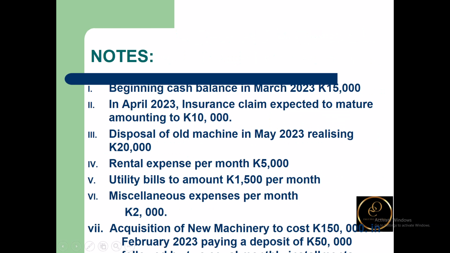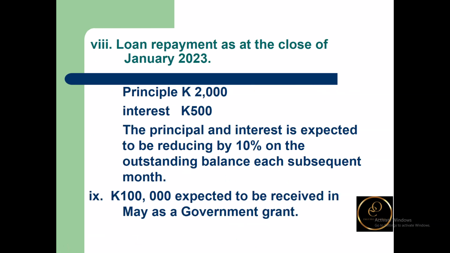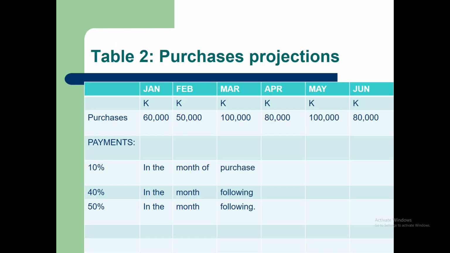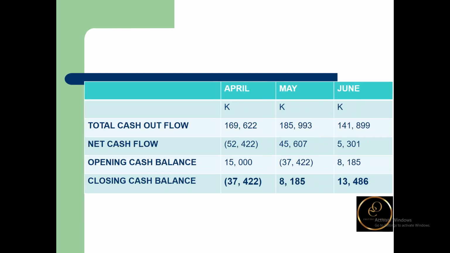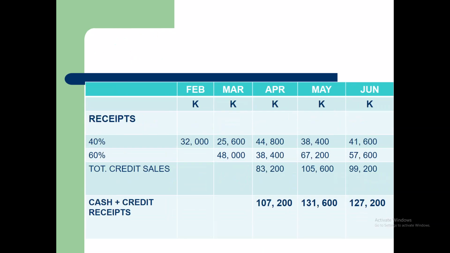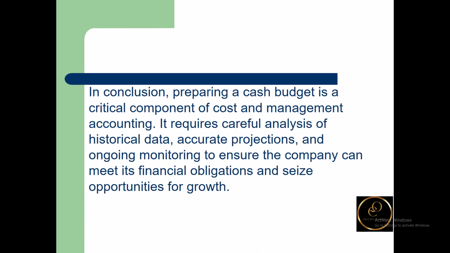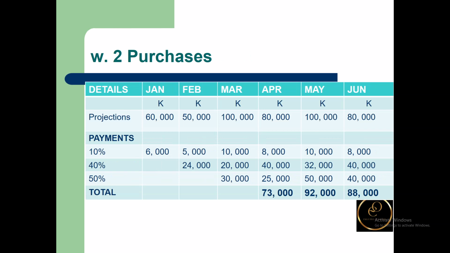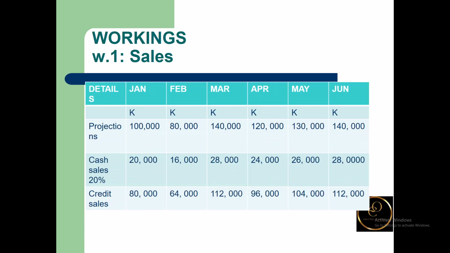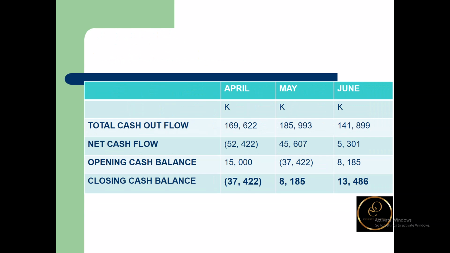Beginning cash balance March 2023, 15,000. That was a typo. It's supposed to be opening balance in April.